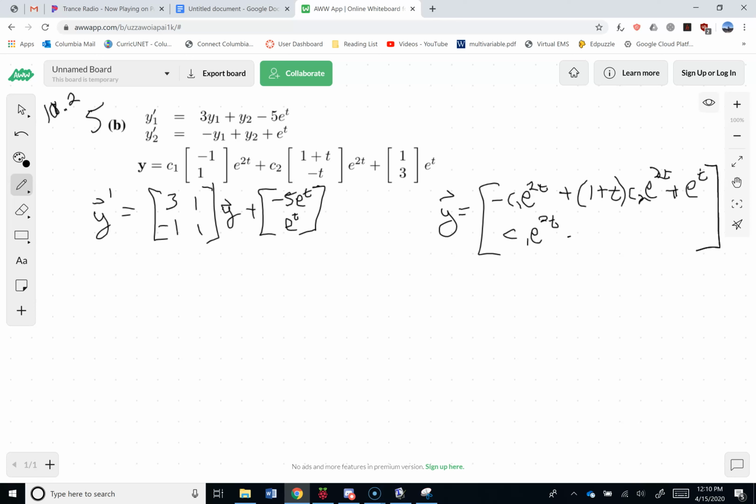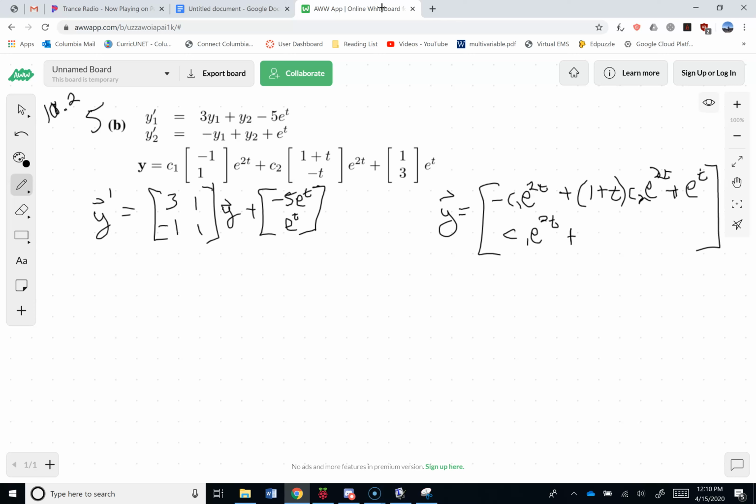So the first row, all told, is minus c1 e to the 2t plus the quantity 1 plus t times c2 e to the 2t plus e to the t.